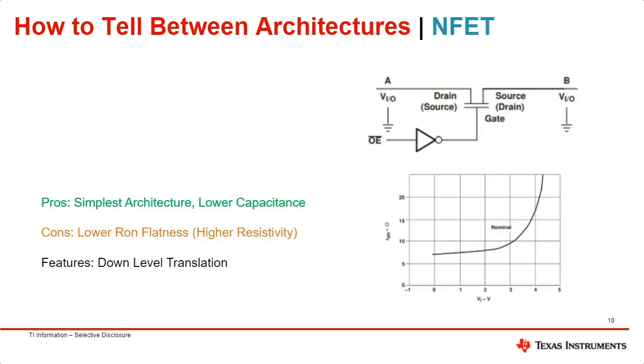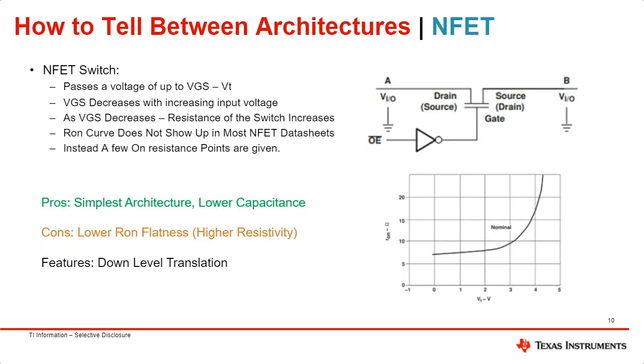If we go into the NFET architecture, the way it works, it passes a voltage up to VGS. VGS is the voltage between the gate and the source, and it has to be higher than the VT. So if it's higher than VT, the certain voltage, the signal will pass.